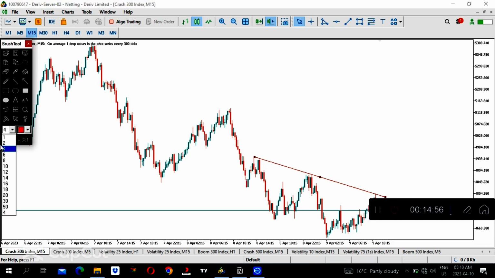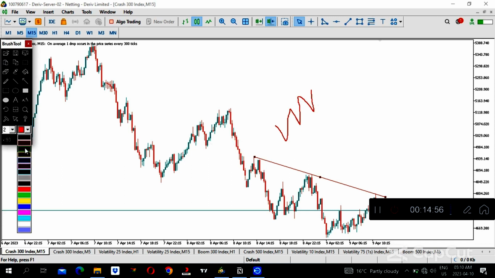Let me change this size. So we're in an uptrend, right? We're creating a series of highs and lows. Then we got a breakout, right? So marking my trend line over here. We've got a trend line, then we've got a change in market structure.